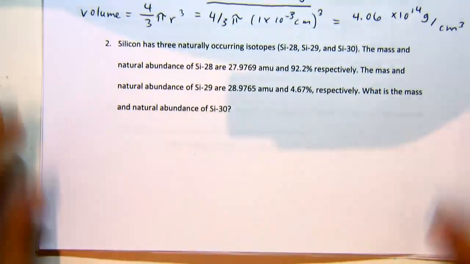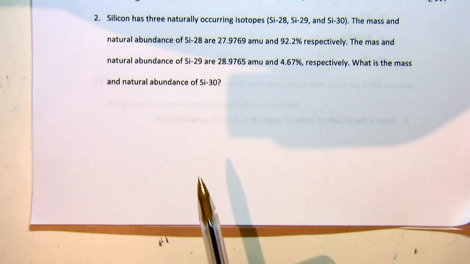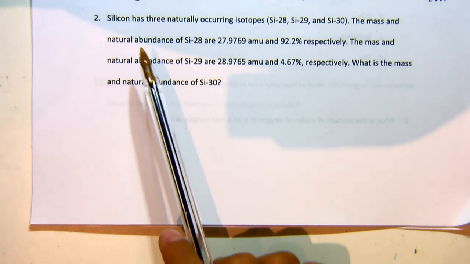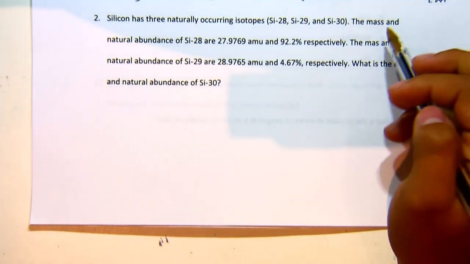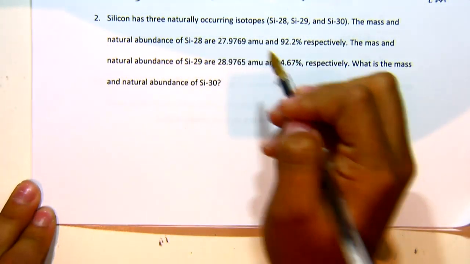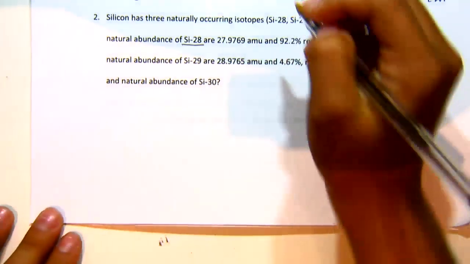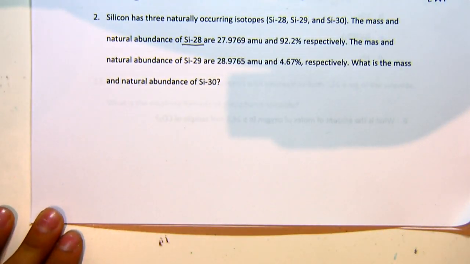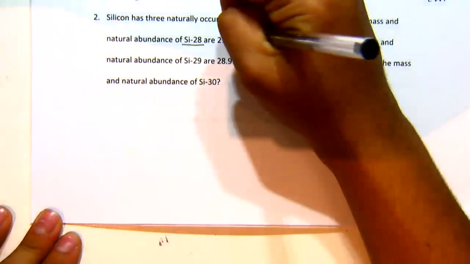Now we're going to be talking about natural abundance, which feels like years ago. The question says silicon has 3 naturally occurring isotopes. It tells us the isotopes, and then it gives us the mass and natural abundance of the first isotope, which is silicon 28, and the mass is 27.9769 AMU.